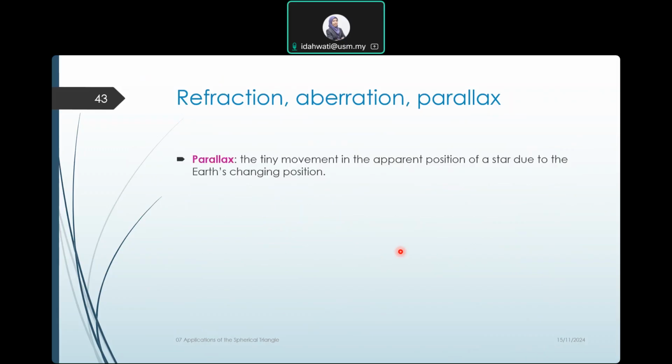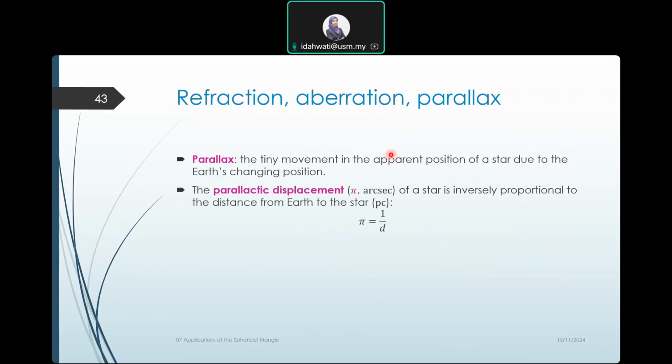And now parallax. What is parallax? It is the tiny movement in the apparent position of a star due to Earth's changing position. The parallactic displacement of a star is inversely proportional to the distance from Earth to the star, where pi equals 1 over d.